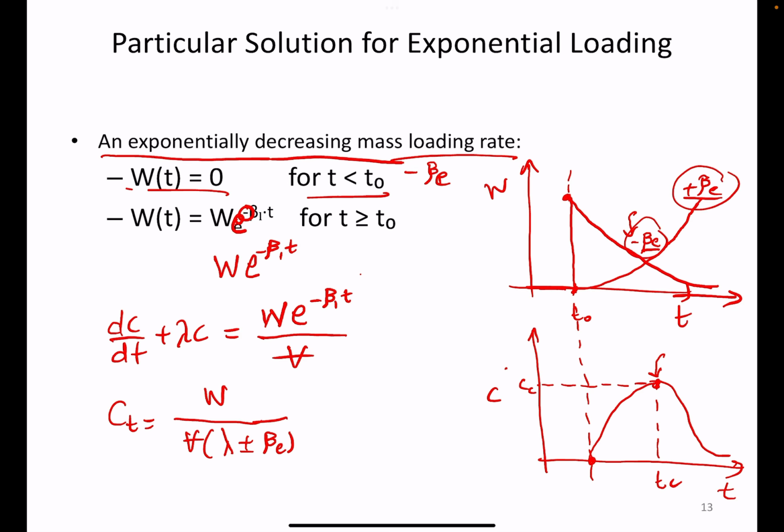If it's a minus, it's decreasing. So this is plus or minus depending on whether the exponential is increasing or decreasing, and this is plus or minus depending on whether the exponential is decreasing or increasing.